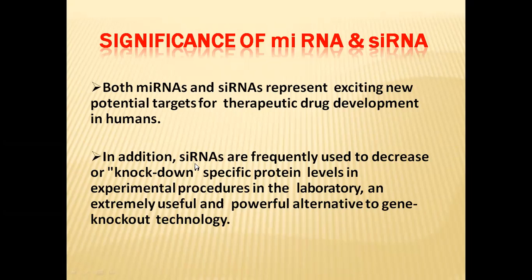And in addition to that, in preparing some knockdown or knockout gene models, siRNAs will also be utilized. In knockdown animals, a special type of gene will be deleted from the organism. We know about genetically modified organisms.